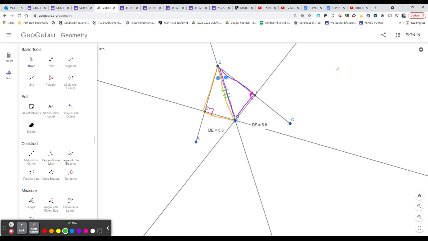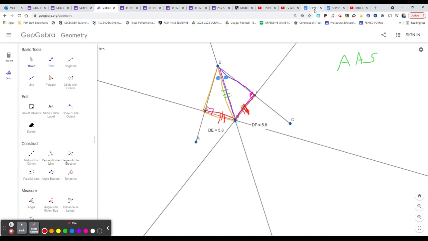So these two triangles are congruent by AAS. Because of that, DF is congruent to DE. When I do the angle bisector through this angle, it makes two congruent triangles, and so by CPCTC, this is congruent to that.